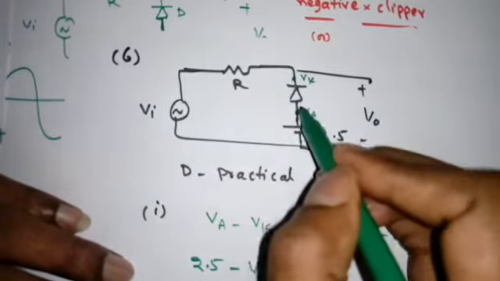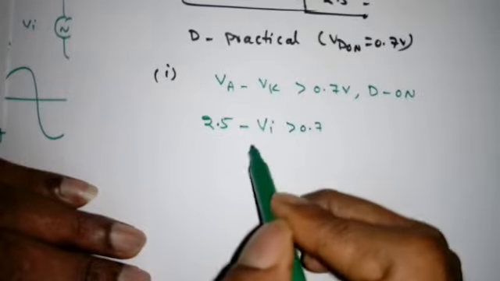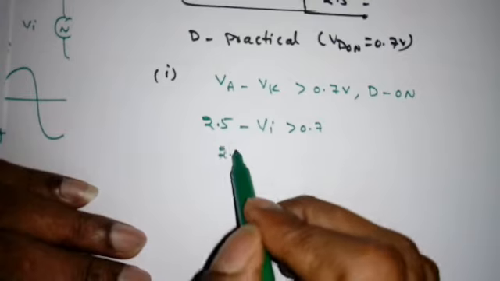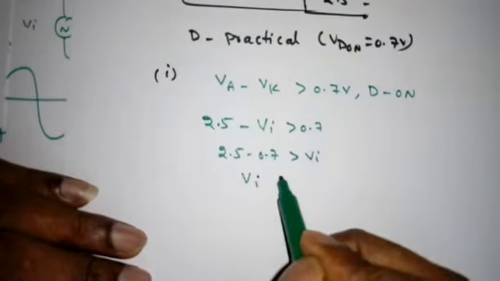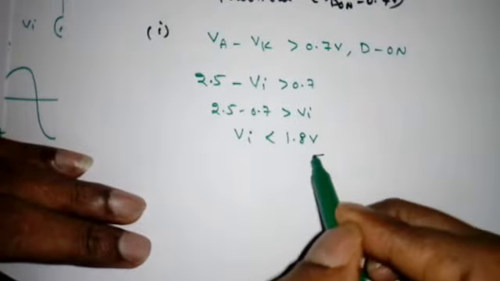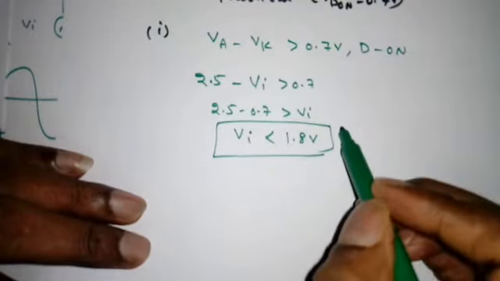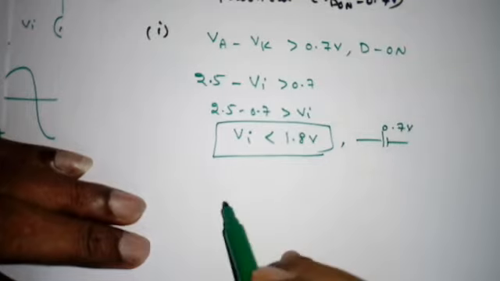So Vk is connected to Vi, Va is connected to 2.5, greater than 0.7. So 2.5 minus 0.7 should be greater than Vi, or Vi is less than how much? 1.8 volt. So when Vi is less than 1.8 volt, diode D will be on. It will be replaced by a 0.7 voltage drop.